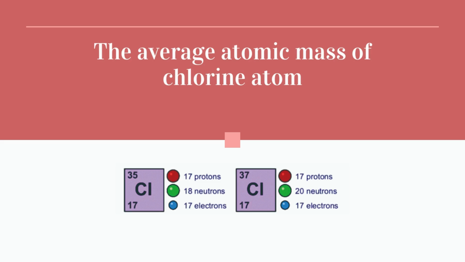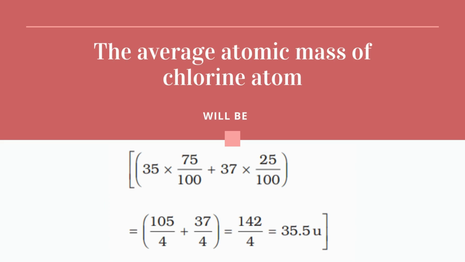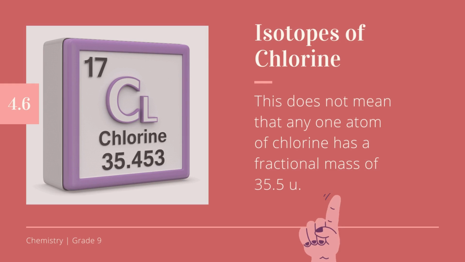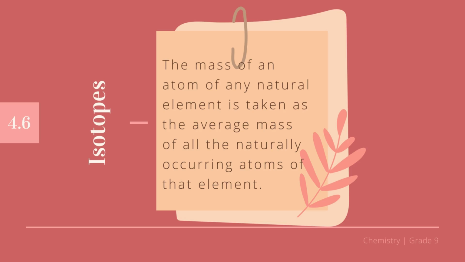Knowing that out of 2 isotopes of chlorine, 75% availability is that of one with mass 35 U and the rest is the one with mass 37 U, the average atomic mass of the chlorine atom will be 35 × 75/100 + 37 × 25/100, which gives us 35.5 U. This does not mean that any one atom of chlorine has a fractional mass of 35.5 U. It means that if you take a certain amount of chlorine, it will contain both isotopes of chlorine and the average mass is 35.5 U.